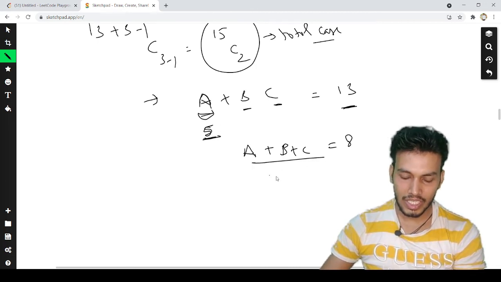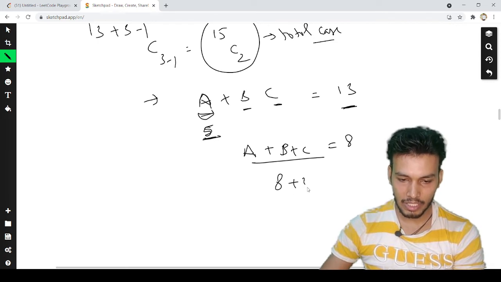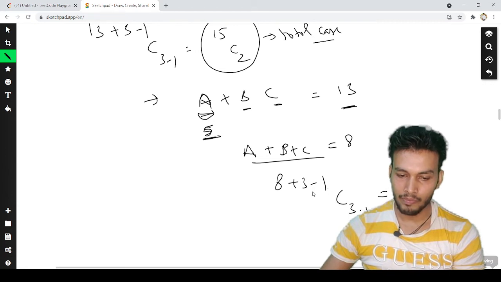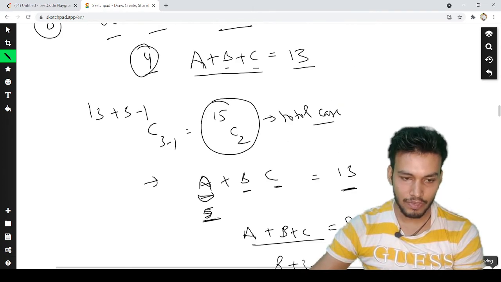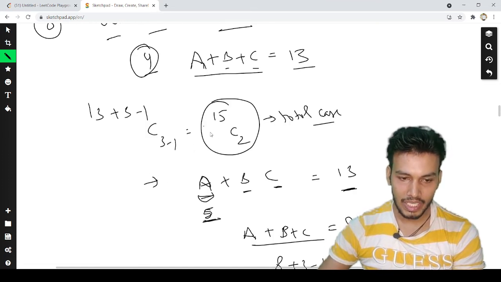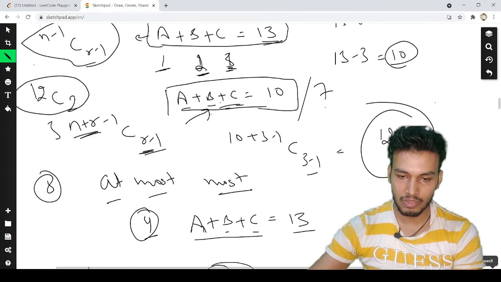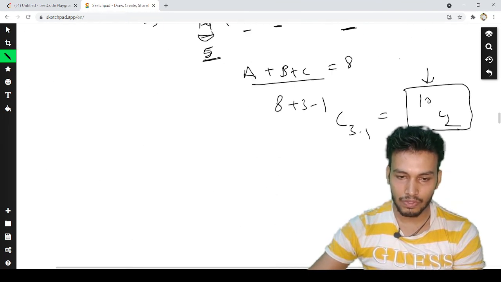So if I apply 8 plus 3 minus 1 C 3 minus 1, it becomes 8 plus 3 is 11, minus 1, that is 10C2, right? So these are my violated cases for A. If I allot more than 4 to A, this much is the violated cases for A.